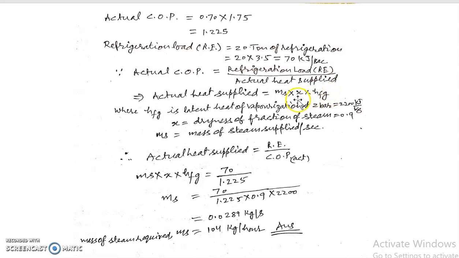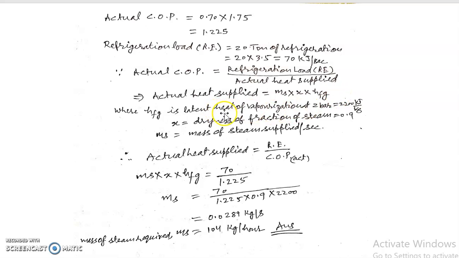Since steam enters at 0.9 dry and leaves as saturated liquid, the amount of heat utilized in the heat generator is x hfg per kilogram, and ms is the total mass of steam supplied to the generator. Therefore the actual heat load will be ms x hfg.